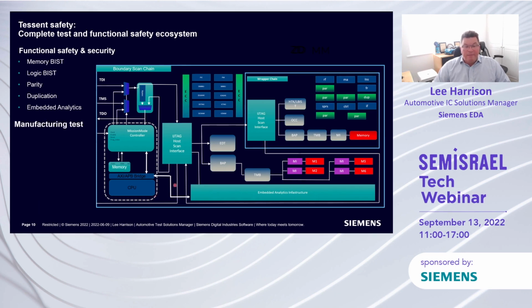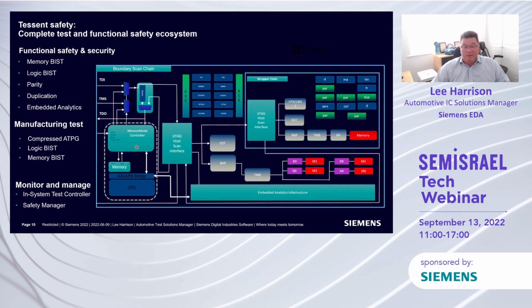And then we have our manufacturing test. So here we've got EDT, our compressed ATPG engine, again hooked into IJTAG for that ease of control and setup. And then to manage and control everything within the device, we have our in-system test controller, which we call mission mode.